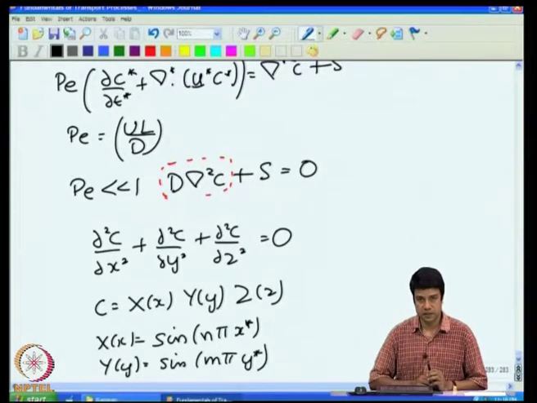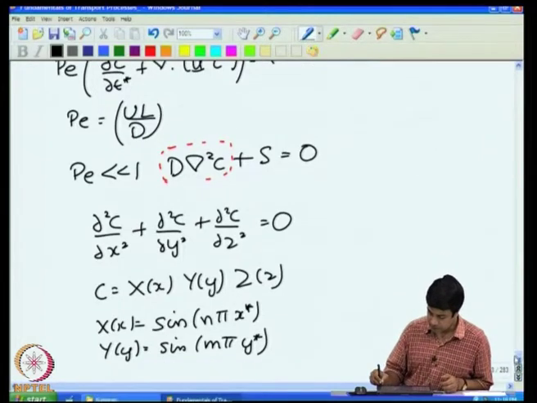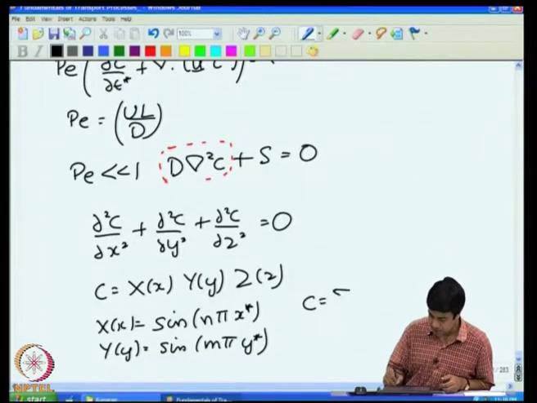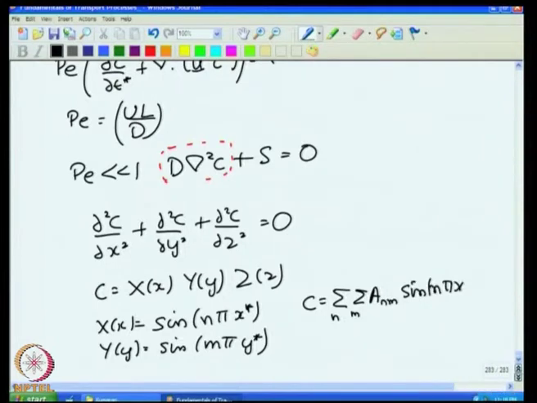If z is the inhomogeneous direction, the solutions in that direction will be exponential functions, and therefore, the final solution that you will get will be of the form c is equal to summation over n, summation over m, of a n m sine n pi x sine m pi y times some exponential function of z.